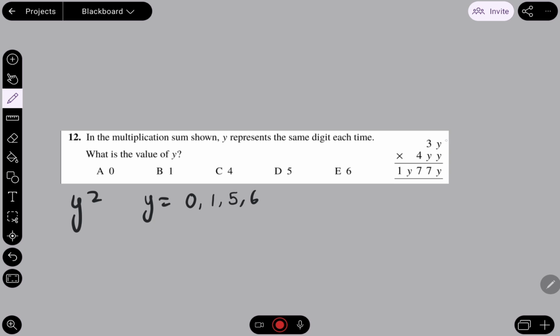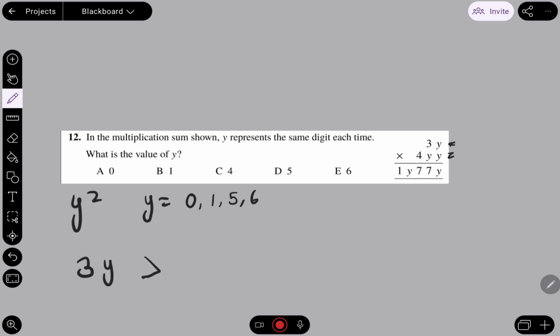Then we look at our numbers up here. 3y, it isn't 3 multiplied by y, it's a number. The tens digit is 3, so it's sort of 30 plus y, like 31, 32.